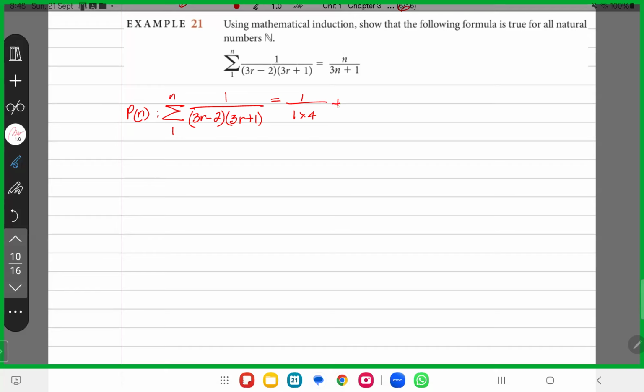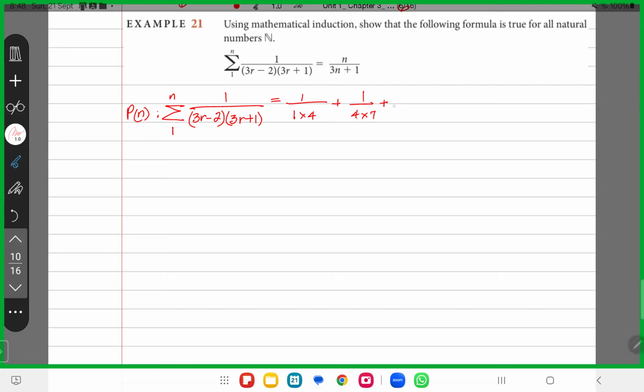When r is 2, you get 1 over 3 2's 6 minus 2, you get 4. Multiply by 3 2's 6 plus 1, you get what? 7. If you're observant, you'll notice that both the first term and the second term is increasing by 3.